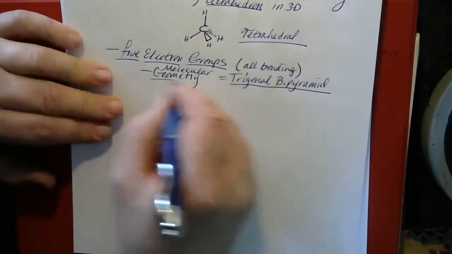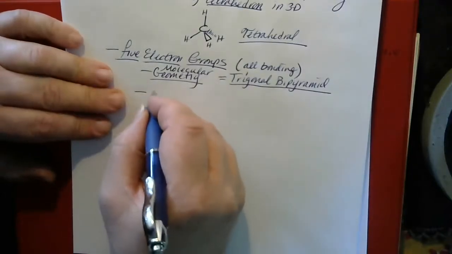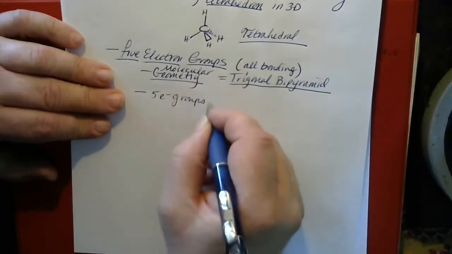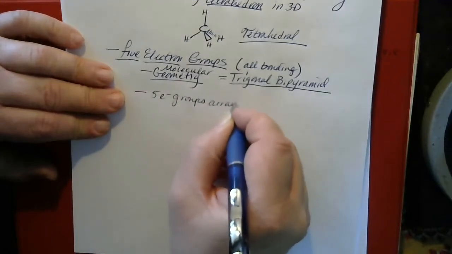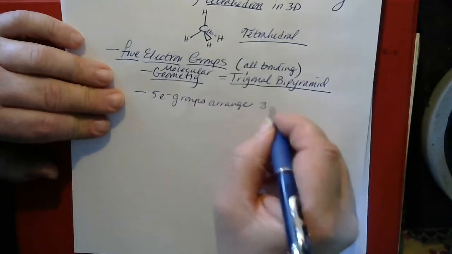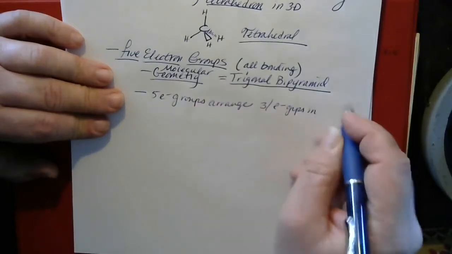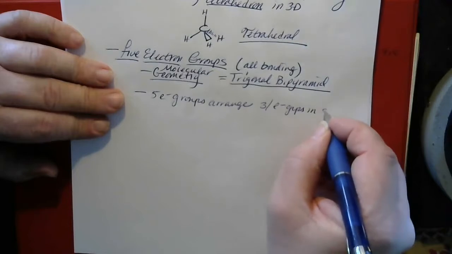What you have here is 5 electron groups. And they arrange with 3 of the electron groups in the same plane as the central atom.